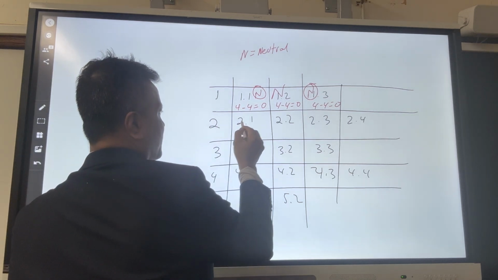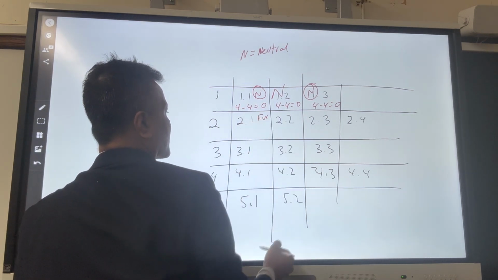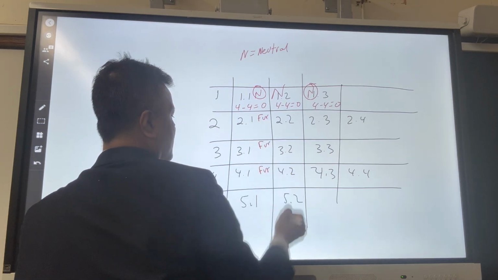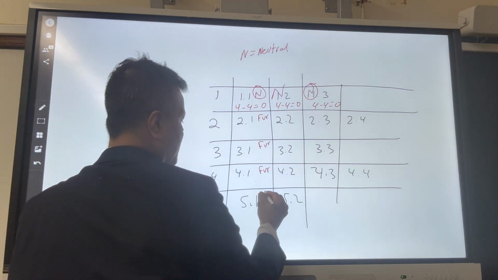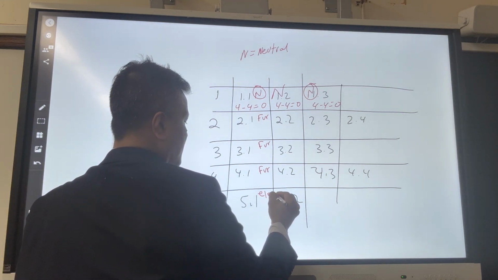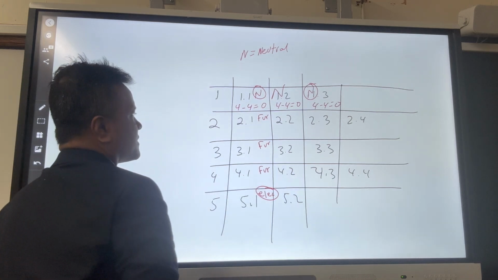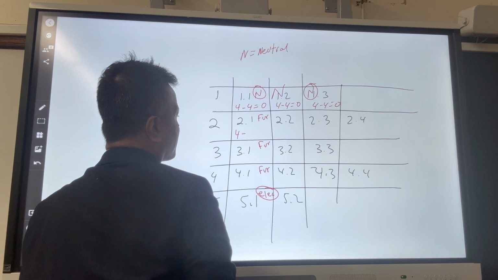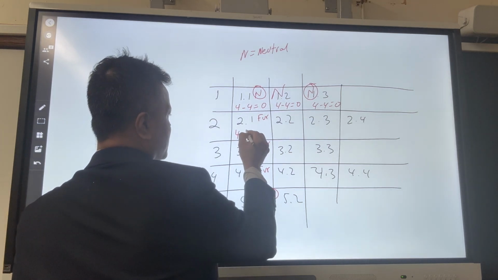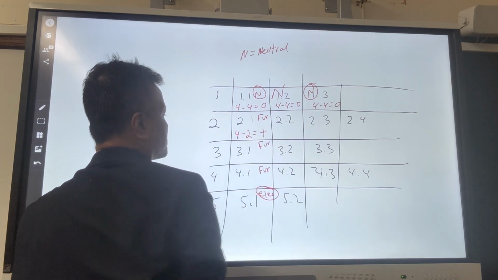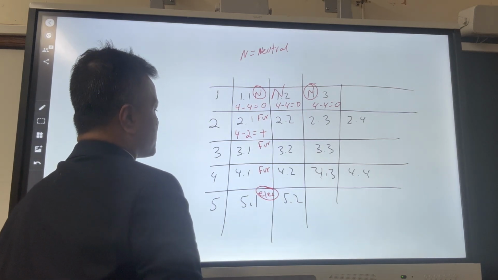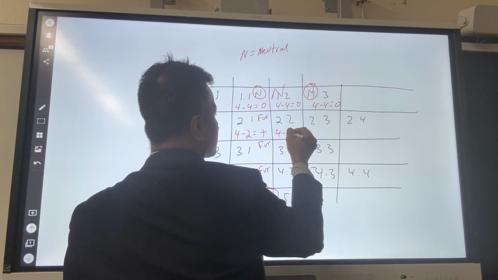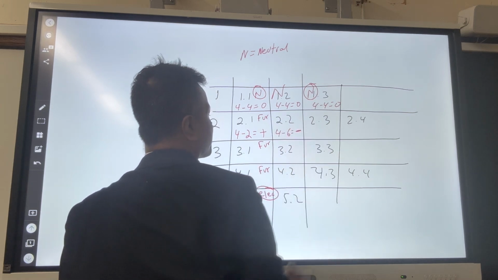This is, of course, fur. This is electroscope. Okay. So 4 minus 2, right? So this is positively charged. 4 minus 6, this is negatively charged.